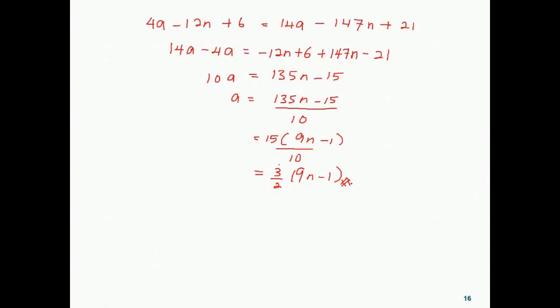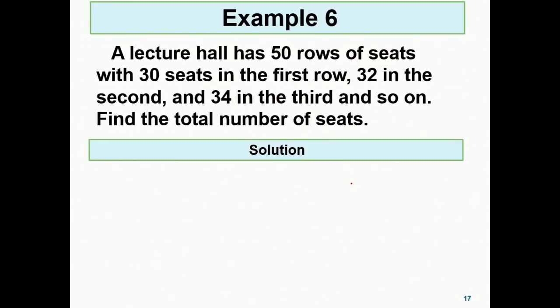Now we proceed to the last example, which is an application of arithmetic sequence. A lecture hall has 50 rows of seats with 30 seats in the first row, 32 in the second row, and 34 in the third row, and so on.